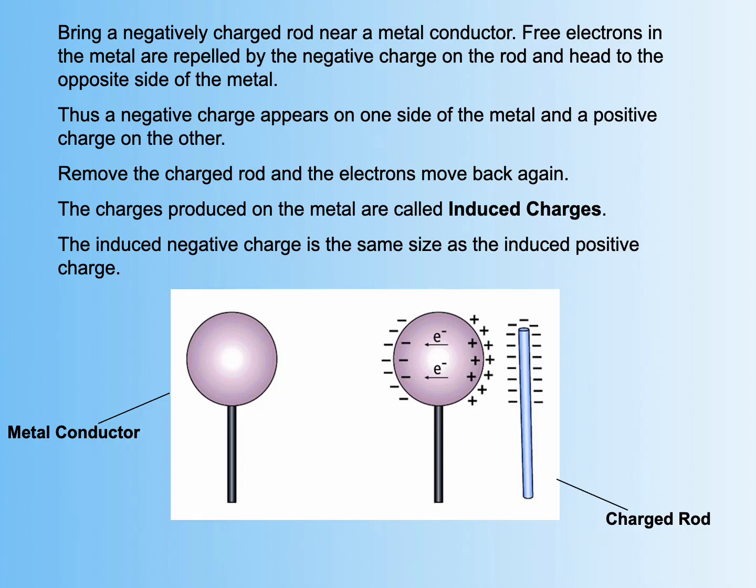It'll appear on one side as more negatives, the other side will then be left over with the positives. If we remove that charged rod, they'll just move back to where they had come from. They'll redistribute those electrons back again, alright?